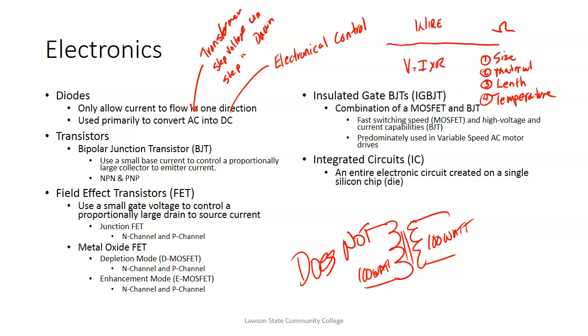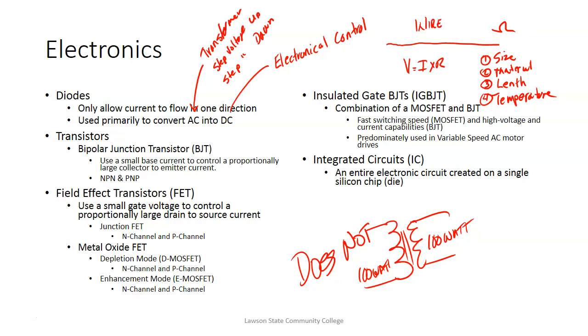It's how big it is, what material it's made of, how far you run it. So if you ever looked at an ampacity chart, it's rated in ohms per 1,000 feet or ohms per meter or ohms per kilometer. So length, and then the temperature. Metals, when we heat metals, their resistance goes up.